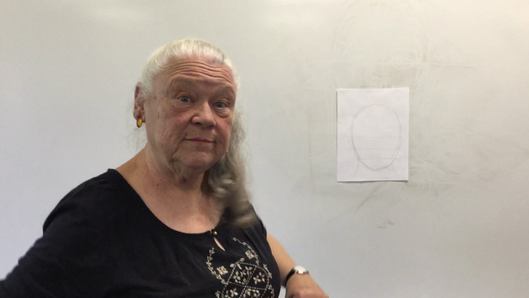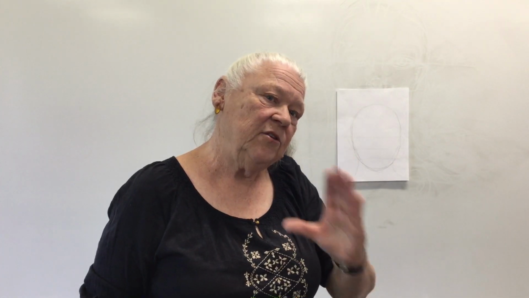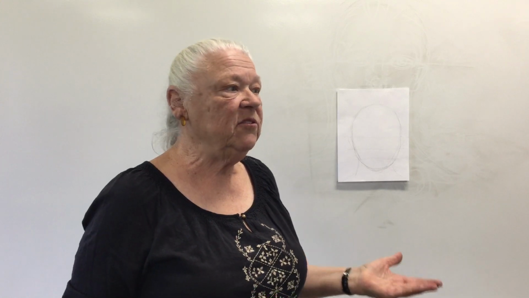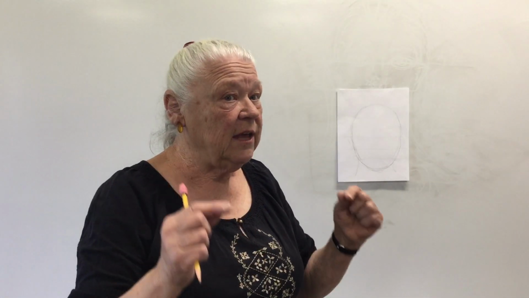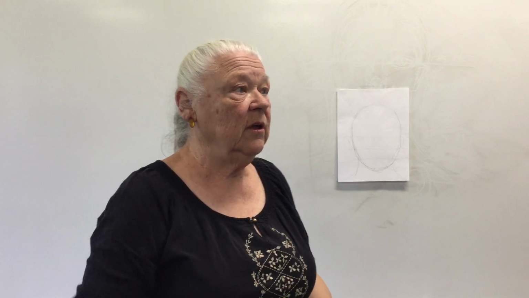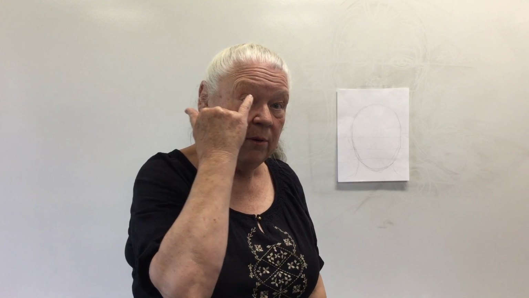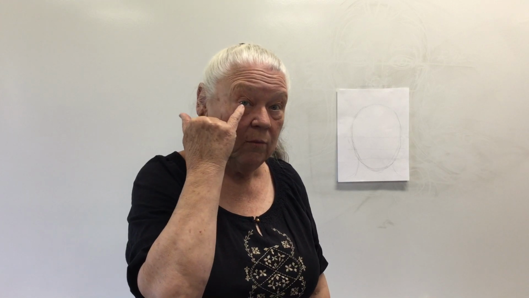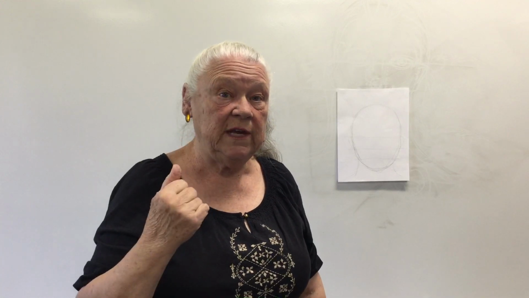Like that, okay? Now, you're going to take a look into the mirror. Let's maybe start with the eyes, okay? Look at your eyes. See the muscle right here. The shape when your eye is open, what it looks like. How much of the iris do you see?